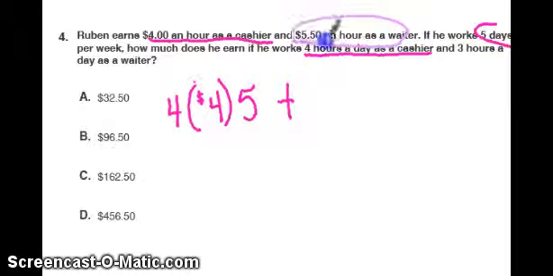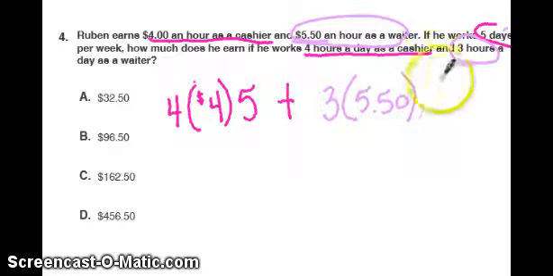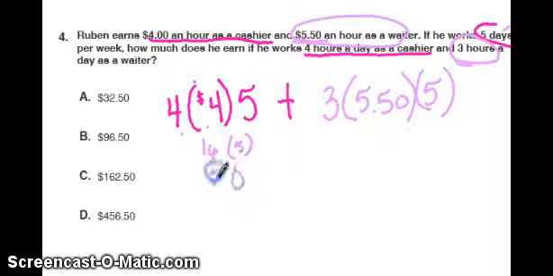Then $5.50 as a waiter per hour, and he waits tables 3 hours. So that will be 3 hours times the $5.50 per hour, and he does that 5 days per week. 4 times 4 is 16, and 16 times 5 will be 80. 3 times 5 I know is 15, times $5.50.